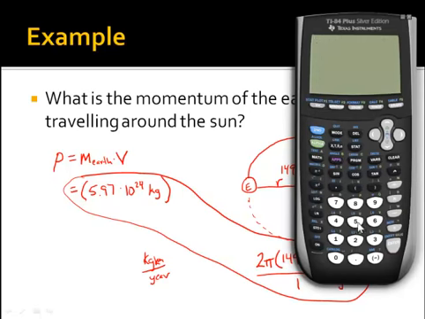Our calculation then is 5.97 times 10 raised to the 24th power times 2 times pi, times 149.6 times 10 raised to the 6th power.